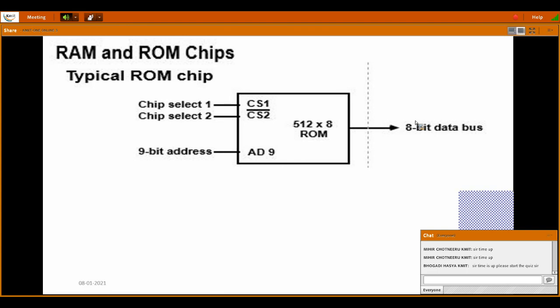What is the advantage here? Whenever we switch on the computer, the instructions that need to be executed are placed in the bootstrap loader, and are stored in the bootstrap loader.